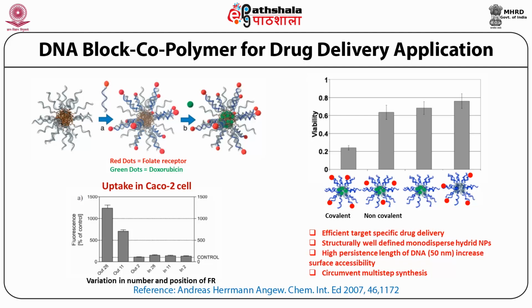Another most important thing about using this kind of DNA block copolymer for drug delivery is that here the DNA can be formed very easily with the DNA synthesizer, and that means it actually circumvents the multi-step synthetic challenge if you are using some other kind of moiety for this micelle formation.